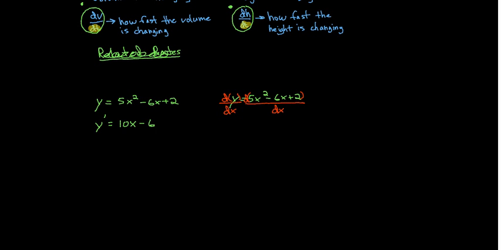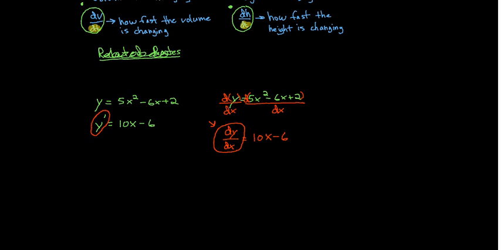So you take the derivative that way, so that in the end you're left with dy/dx equal to 10x minus 6. You can take the derivative of each one. And so of course you get to the same thing, but we're using this notation now instead of this notation, which are the same thing, but in implicit differentiation I think this is the notation you're going to want to use. It's a little bit easier for many things.